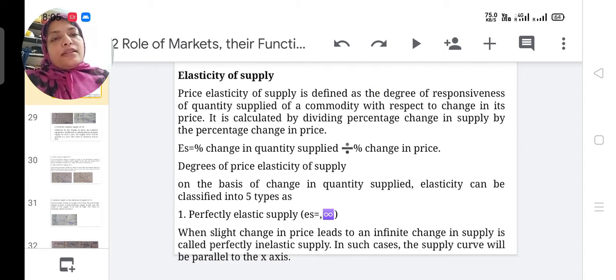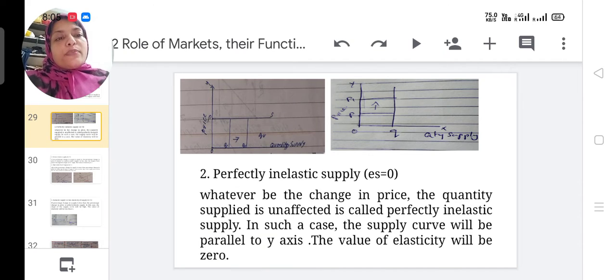Then the next one is perfectly inelastic supply. Whatever be the change in price, if the quantity supplied is unaffected, it is called perfectly inelastic supply. In such a case, the supply curve will be parallel to the y-axis.